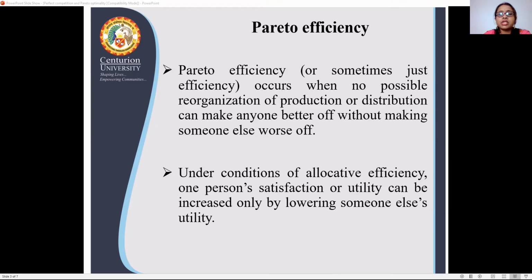So if the situation is pareto efficient, then no possible reorganization of production or even distribution can make anyone better off without making someone else worse off, and vice versa. Under conditions of allocative efficiency, one person's satisfaction or utility can be increased only by lowering someone else's utility. So if the situation is pareto efficient, then this reorganization is not possible.